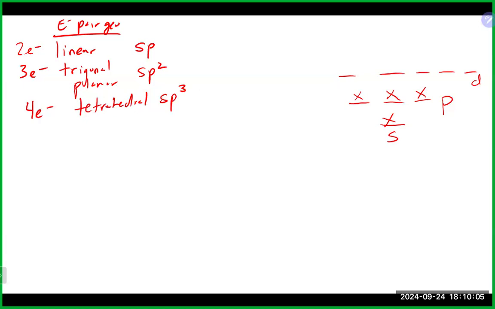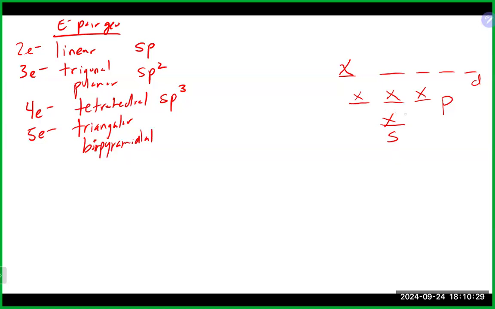Remember when we did geometry, after 4 comes 5, yeah? And that will now get us into the d orbitals. This is our expanded octet, and that is our trigonal bipyramidal. It's the same deal.